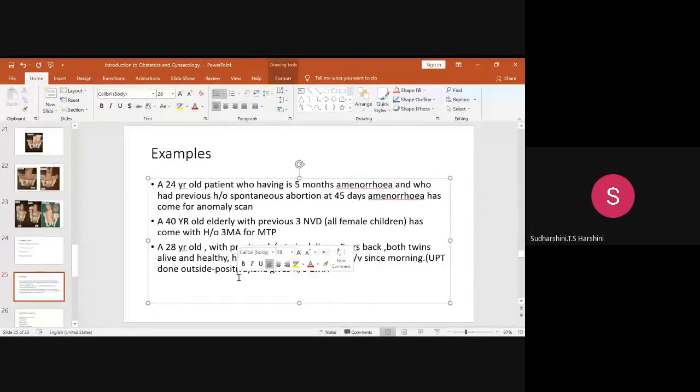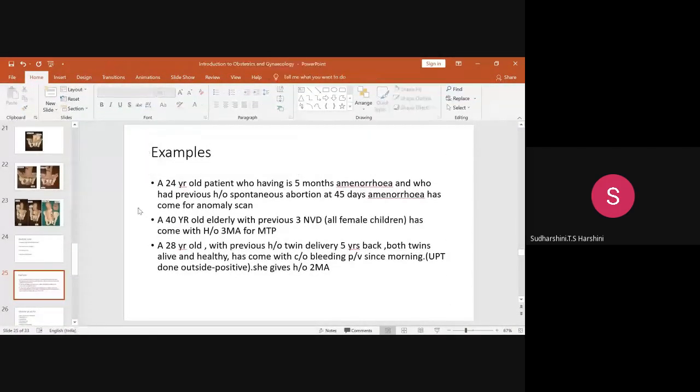Okay, first example. A 24-year-old patient who is 5 months amenorrhea, who has a previous history of spontaneous abortion at 45 days amenorrhea, has come for an anomaly scan. What is her obstetric code?